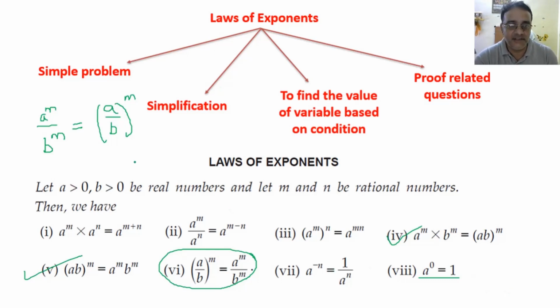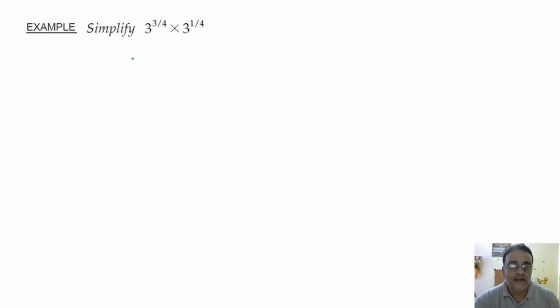And let us start with the simple problem. This is the simple problem. The bases are the same and the powers are given. So which rule will we use here? a to the power m into a to the power n is equal to a to the power m plus n.